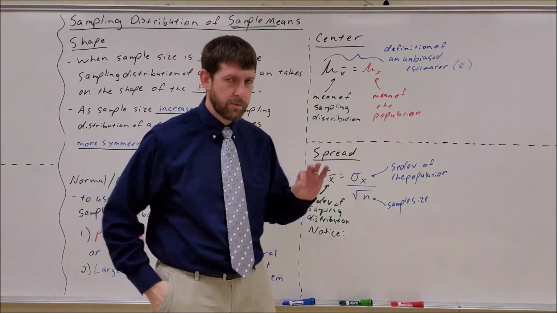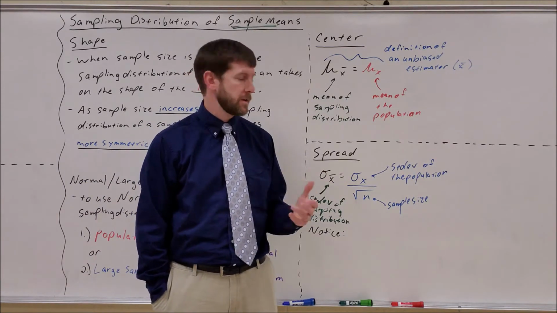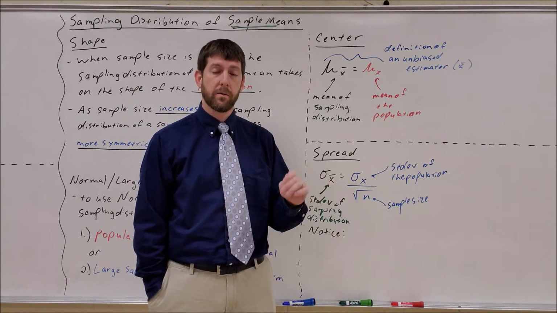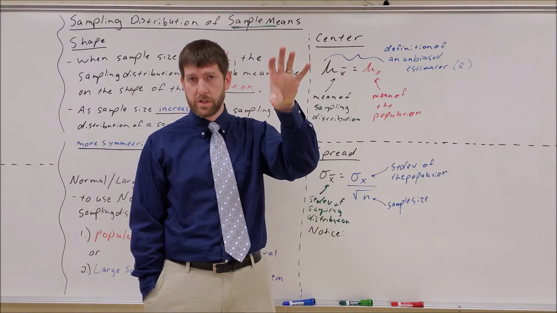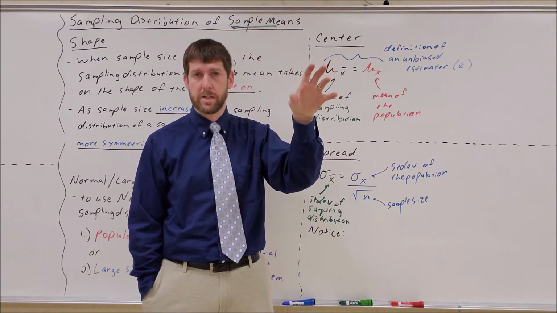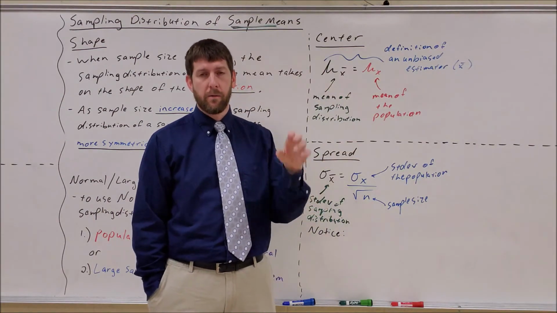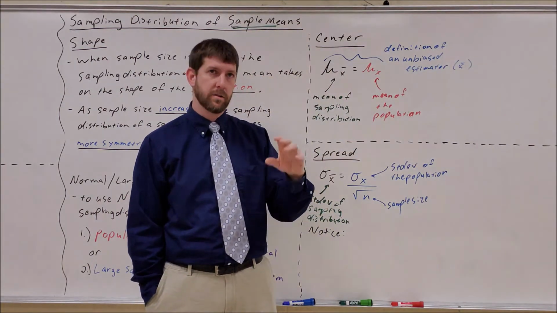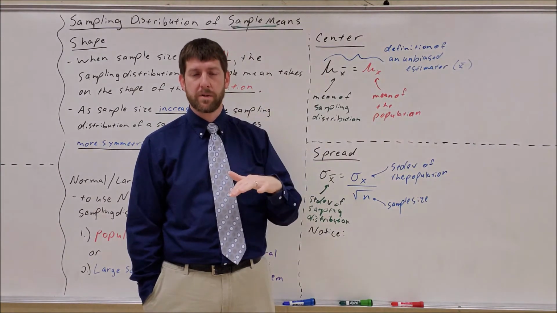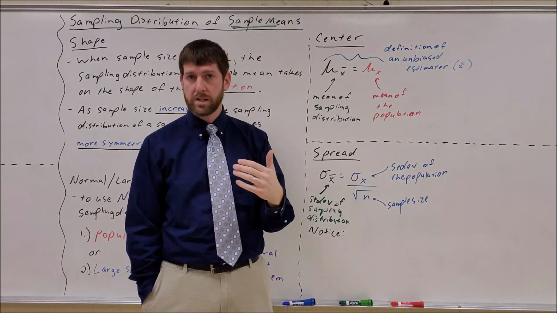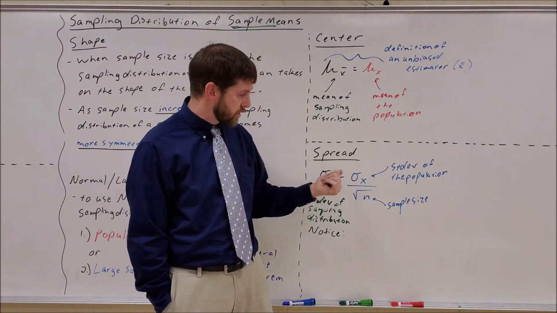So just like we did with proportions, remember when we talked about the standard deviation of sample proportions, it was taking what was going on in the population, your expected probability of success, your expected proportion of this characteristic, and we tied it into n. So it was square root of p times 1 minus p over n. So it was looking at what happens in the population based on your sample size. Same idea here.